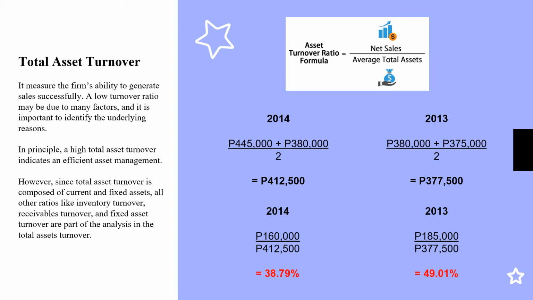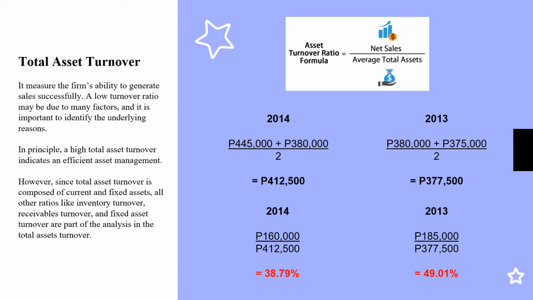The last activity ratio is the total asset turnover. So it measures the firm's ability to generate sales successfully. A low turnover ratio may be due to many factors, and it is important to identify the underlying reasons. So basically, again, it refers to the efficiency, the effectiveness of the firm or the management to use their total assets in order to yield or to generate sales.